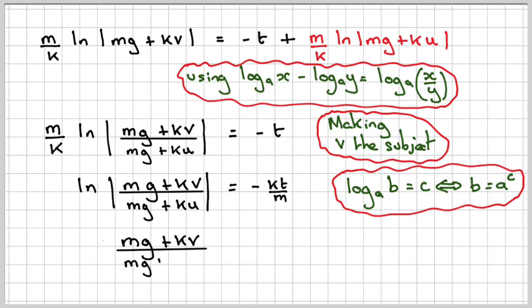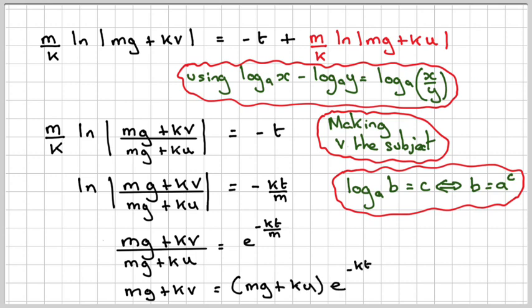So we're going to have (mg plus kv) over (mg plus ku) is equal to e to the minus kt over m. We'll take this up here. So we're going to have mg plus kv is equal to (mg plus ku) e to the minus kt over m, and then writing that out again.